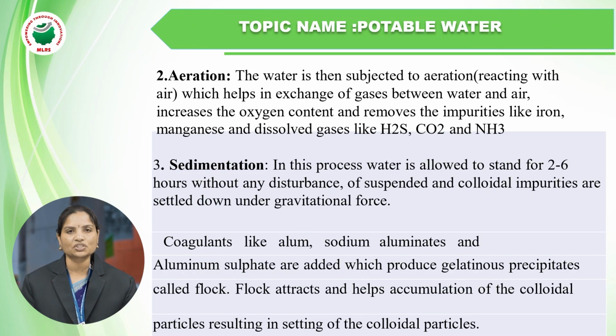Then we go to the aeration process. The water is subjected to aeration. In this process, it reacts with oxygen, that is, air, which means oxygen, O2. There is an exchange of gases between water and air, increasing the oxygen content and removing impurities.